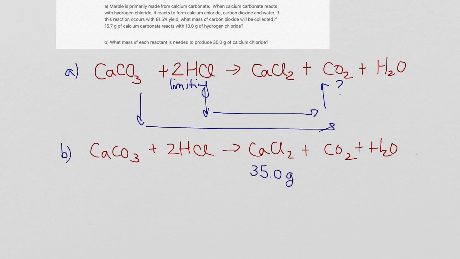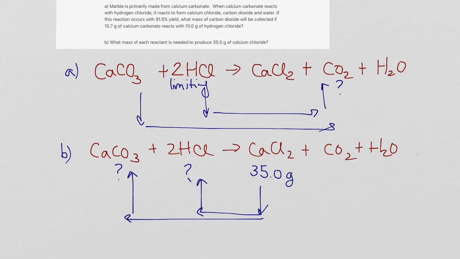And again, knowing that the yield is 81.5%, how much of each reactant do we need? So now we are actually going the opposite direction. Now just keep that in mind as we are doing this question.